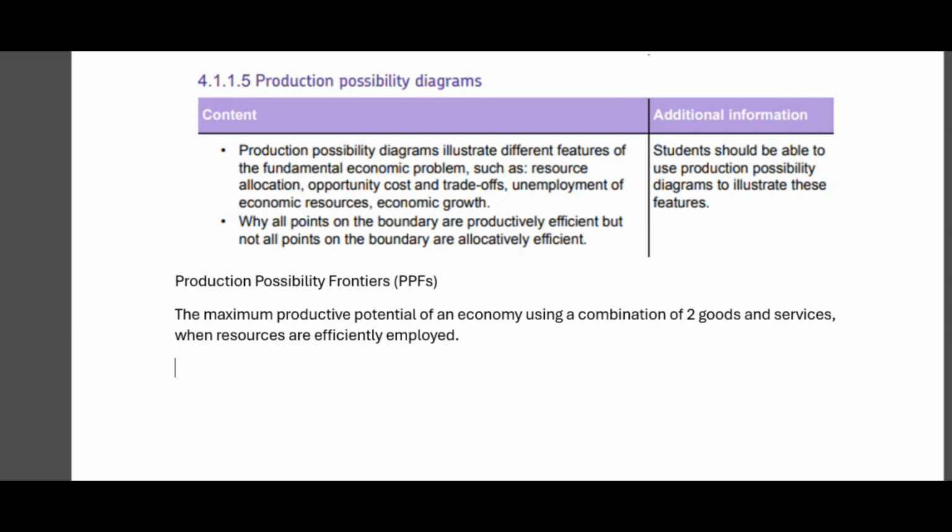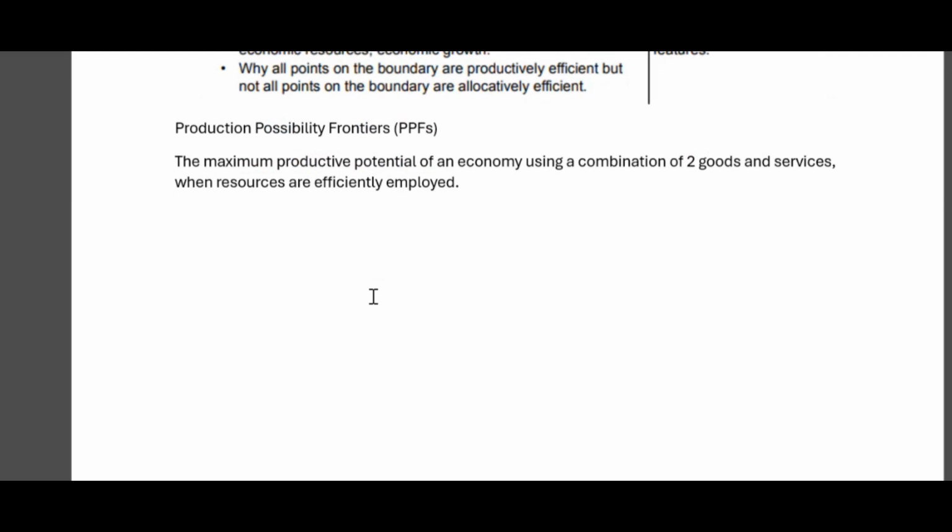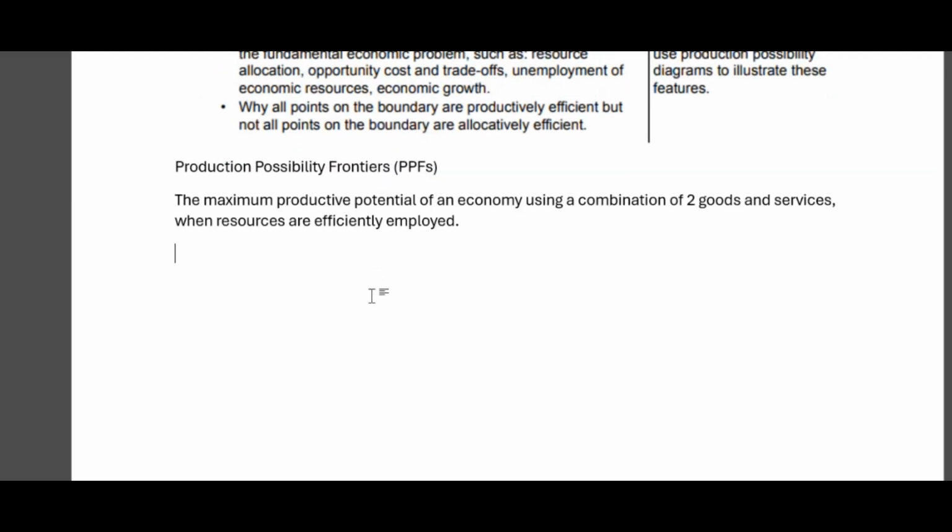So it basically shows it's like a possibility frontier. It's where the economy could be if they're operating at their maximum.